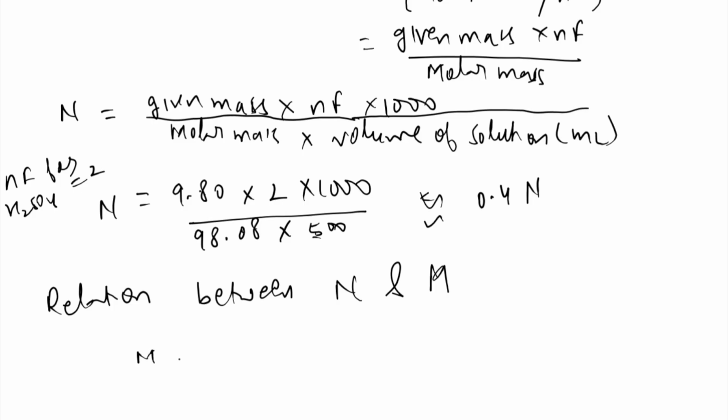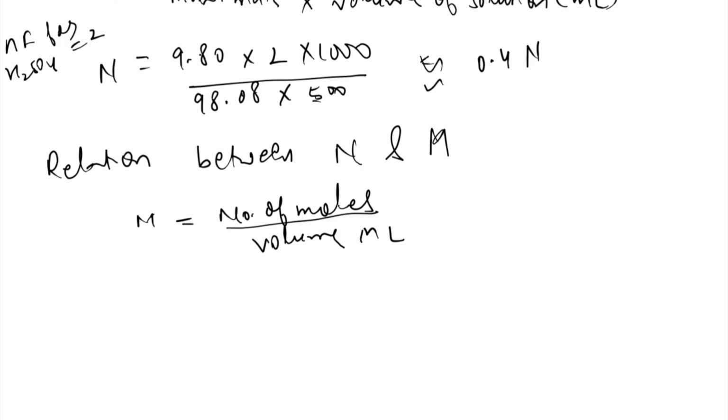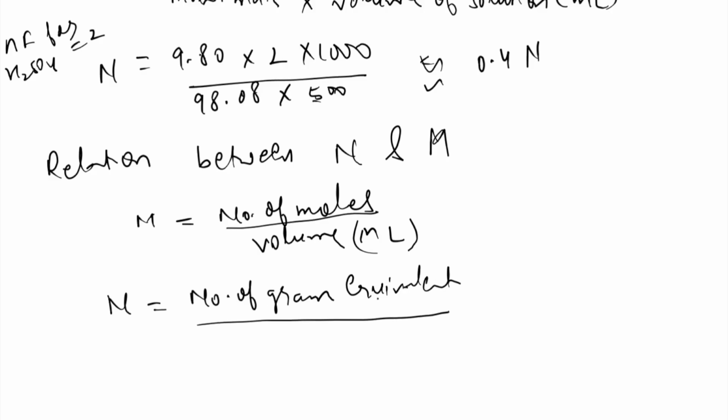We know that molarity is number of moles divided by volume in liter, right? And normality is number of gram equivalent divided by volume in liter.